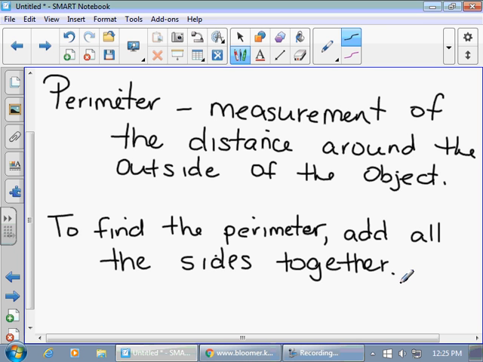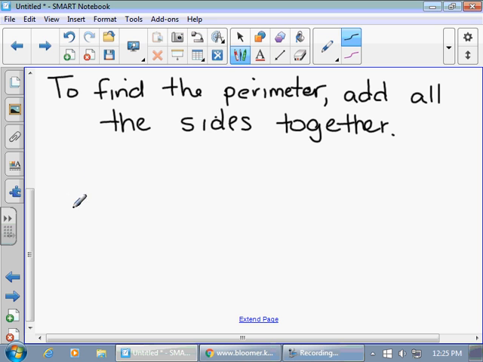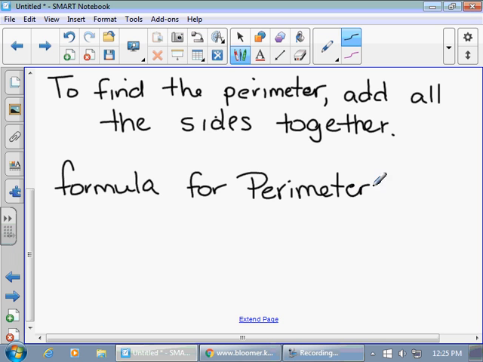We have a couple of formulas we can look at, but on perimeter, if you just add all the sides, you're okay. So far we've got three different things. It's not one run-on sentence. Okay. So formula for a perimeter of a square.